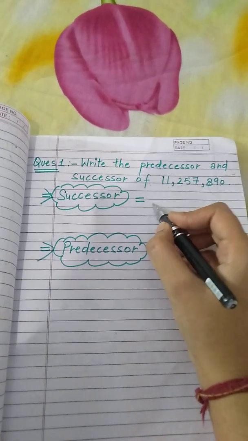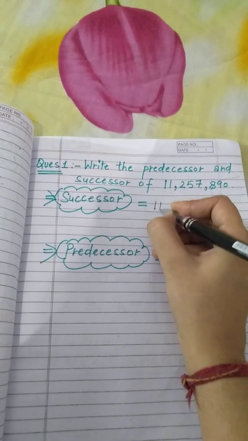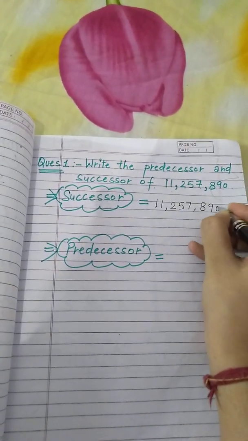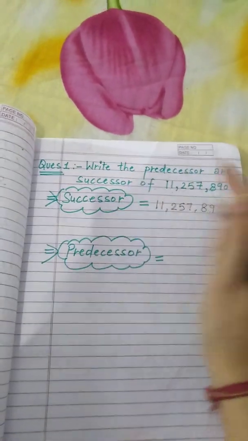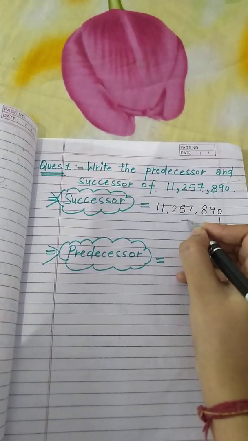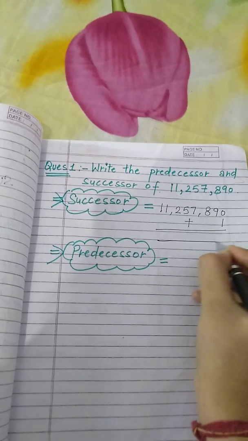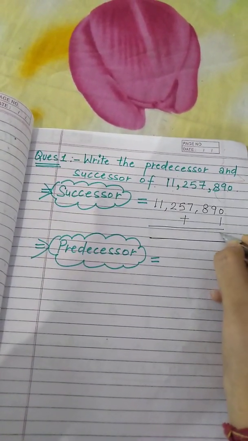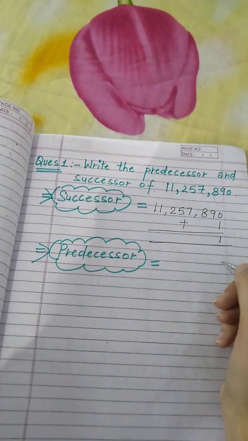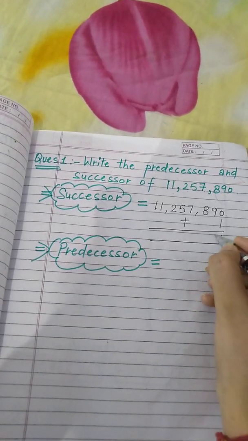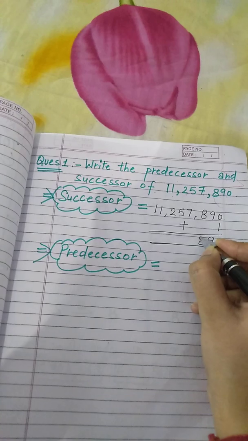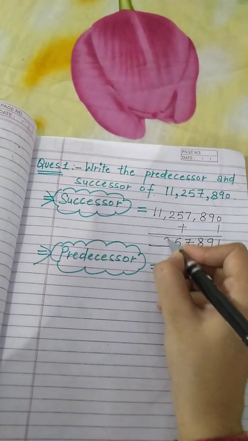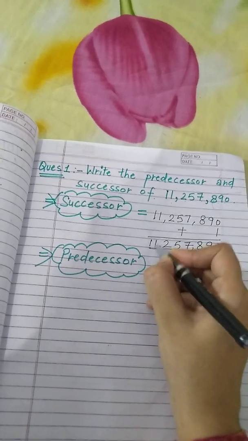11,257,890. So first of all, we will write down the number, and after that for successor we have to add 1 to that number. So after adding 0 and 1, we'll get 1, then 9, 8, 7, 5, 2 and 11.